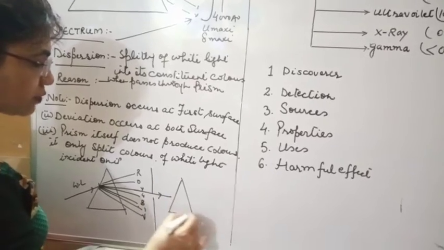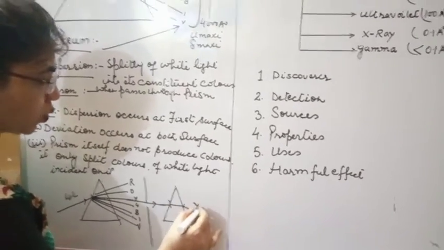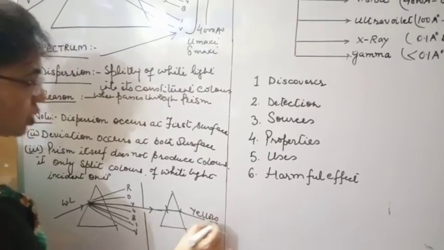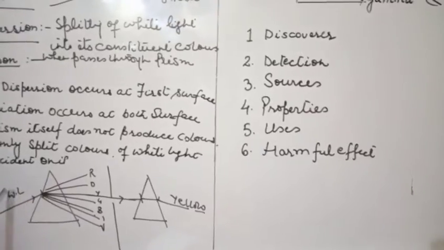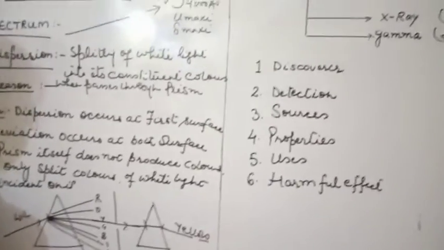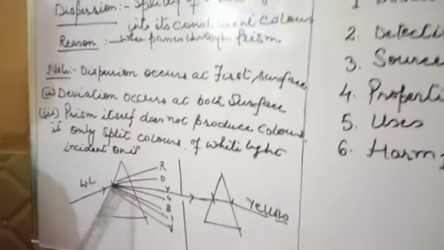Here is one more prism, the yellow color strikes it, the output will be yellow. So it means if this prism receives white light, it will split this white light into 7 colors. If the second prism receives only yellow color, it will give only yellow color. So that is the meaning of this.